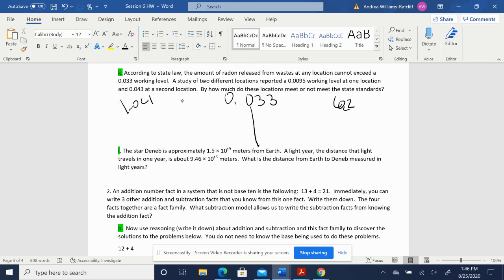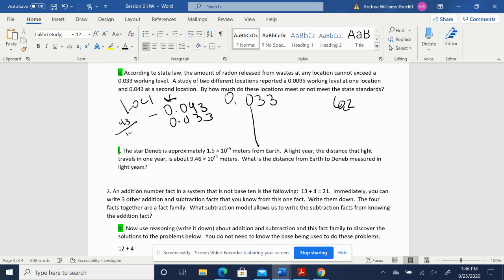So location 1 is 0.043. Okay, if you compare that to the standard, location 1 exceeds the standard because it's more than. If you were to compare these, 0.043, this is tenths, hundredths, thousandths.